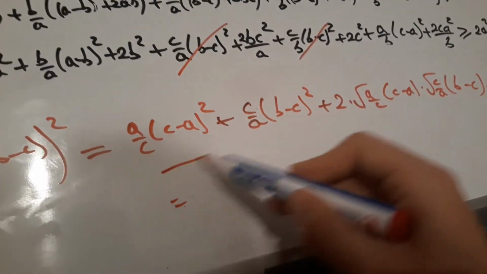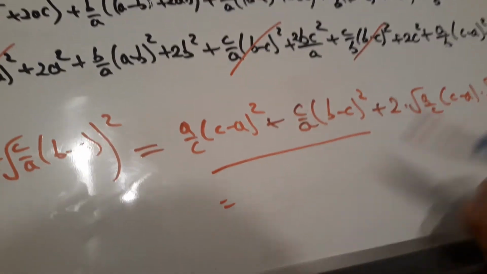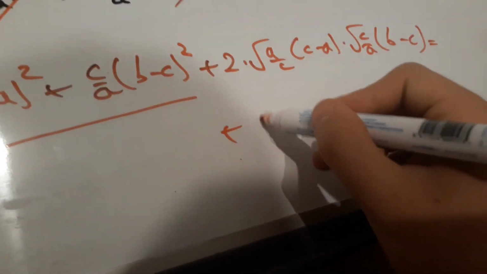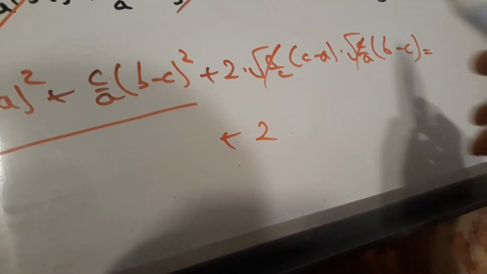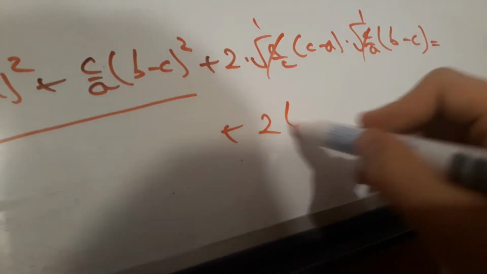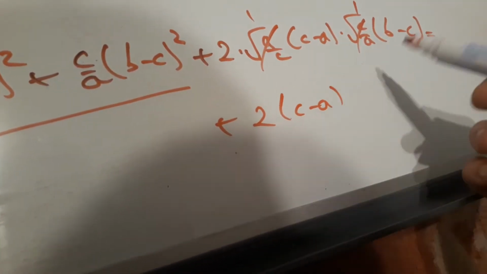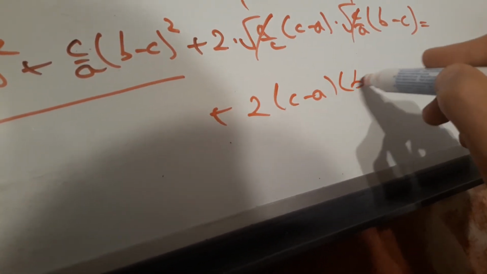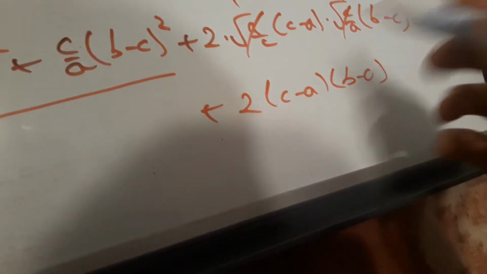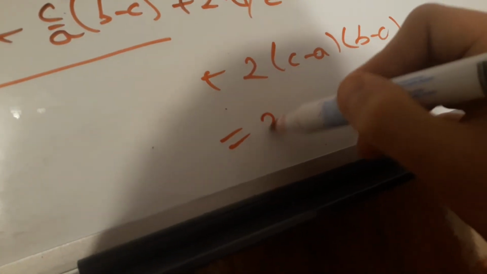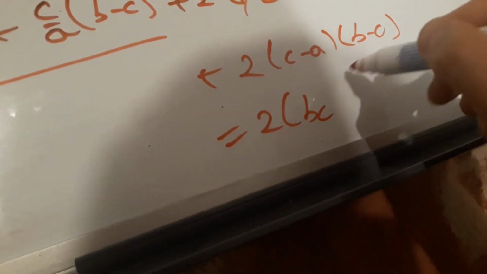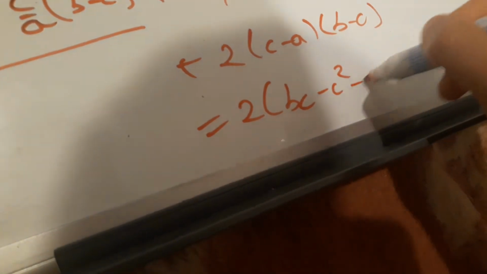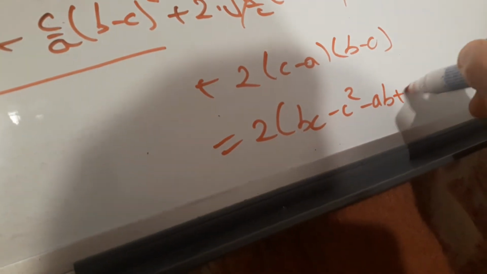This is next to, because we already have these terms, plus 2 times, from here we have 1, 2 times the quantity (a minus c), or (c minus a) in modulo, times (b minus c), which is equal next to 2 times bc minus c squared minus ab and then plus ac.